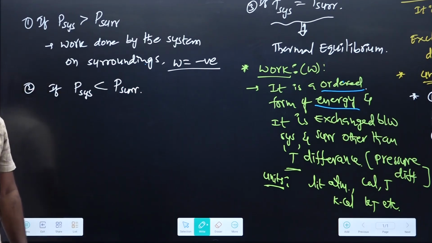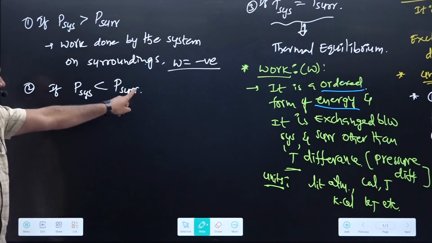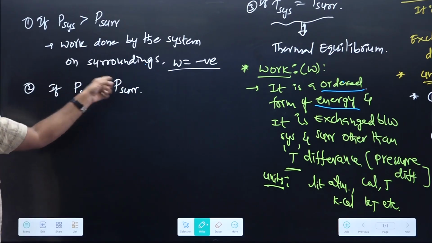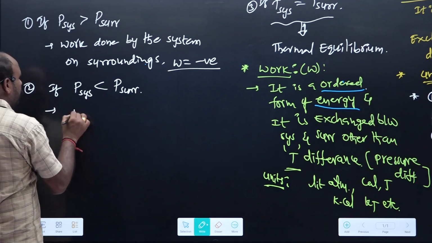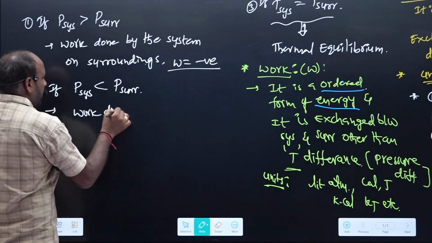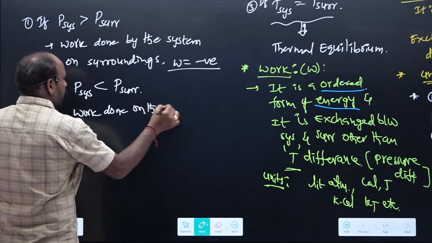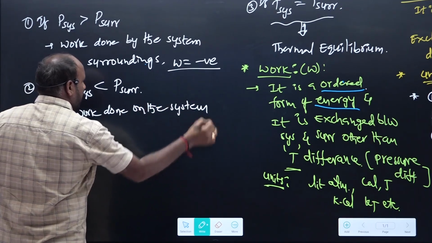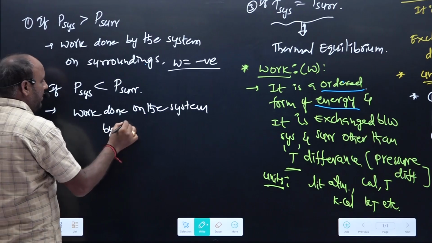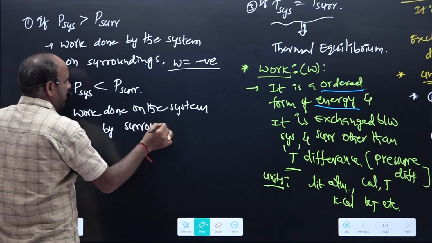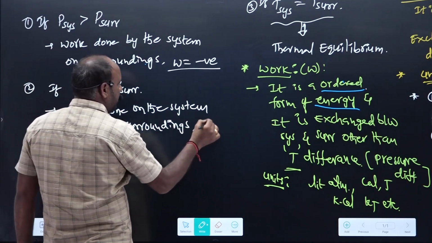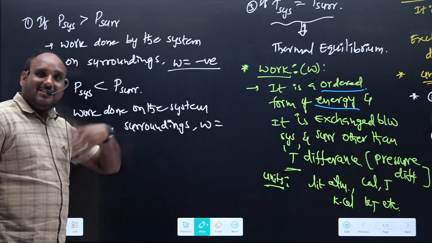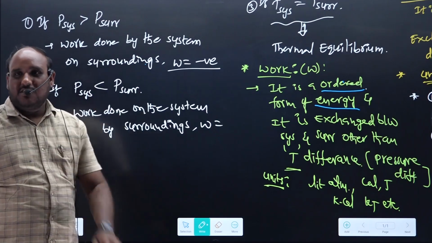Next, the second case: if the pressure of the system is less than the pressure of the surroundings, the surroundings pressure will be more. Therefore, work is done on the system by the surroundings. Whenever work is done on the system, is the system gaining or losing?